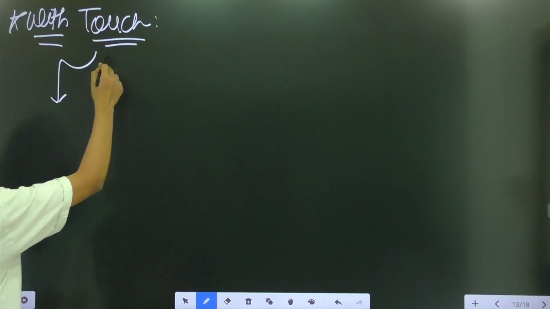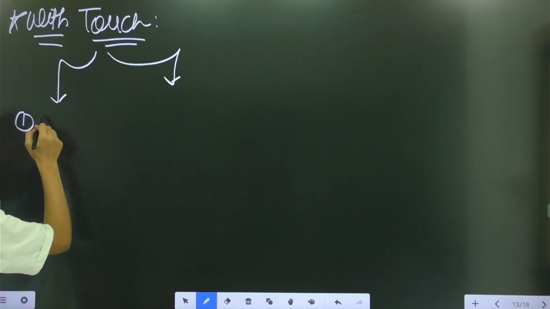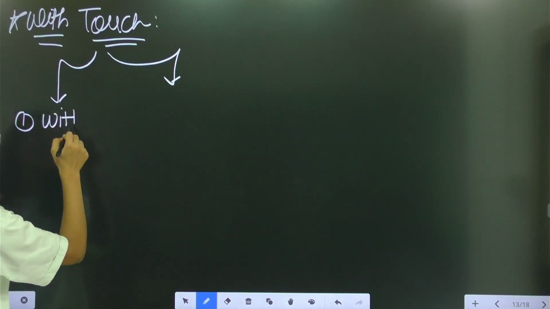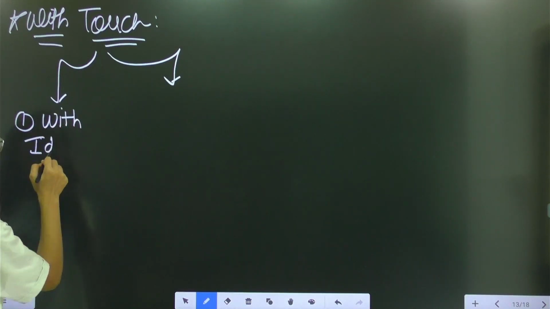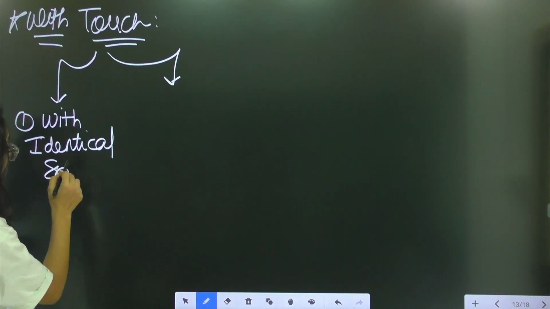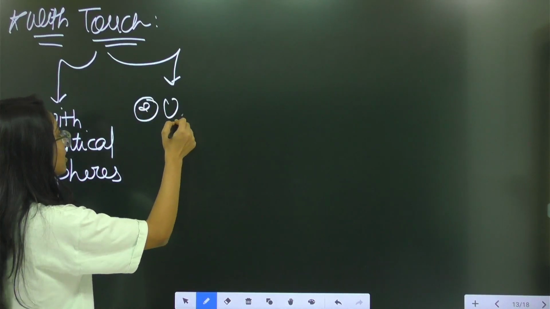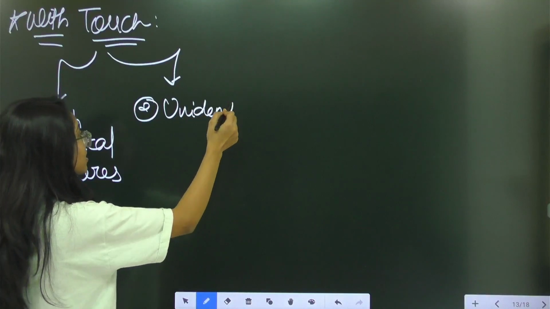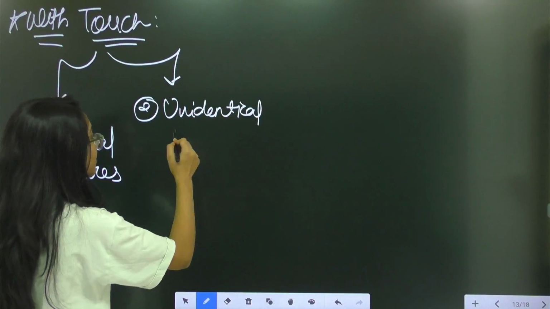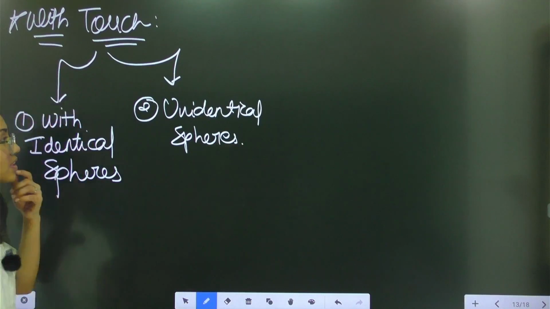The first case is with identical spheres. And the second one is unidentical spheres. Okay, this is it.